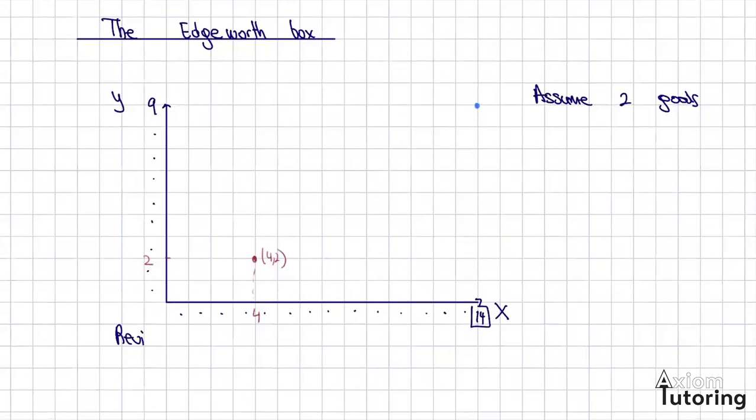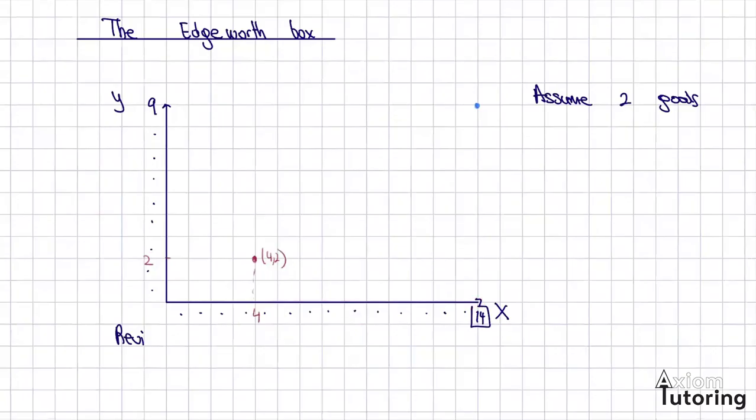Okay. What about the other members in this economy? Well, if I'm in the red spot, the other members of this economy are getting the leftovers. So they are getting the difference between the 14 and the 4, so they're getting the 10, and the difference between the 9 and the 2, so they're getting the 7. How that is distributed between the other members of this economy, I don't know.